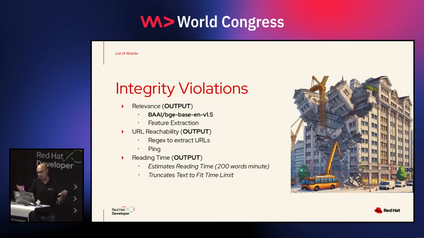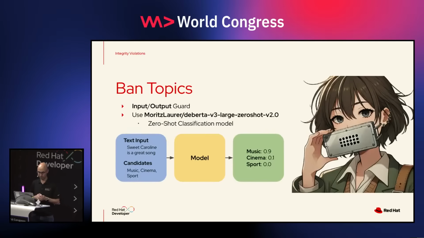It's estimated that more or less a human reads 200 words per minute. So I'm going to say, okay, if the answer has more than 200 words per minute, either I truncate the text or I ask the model to summarize the text. So another great integrity violation Guardrail.